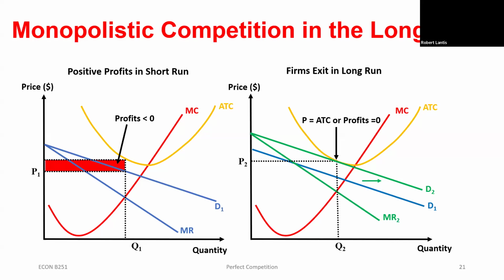This is where it looks similar to a monopolist, but different in the long run. So we've got my demand curve here, and now I've got my marginal costs. Trying to draw this to scale. So here's my average total cost.